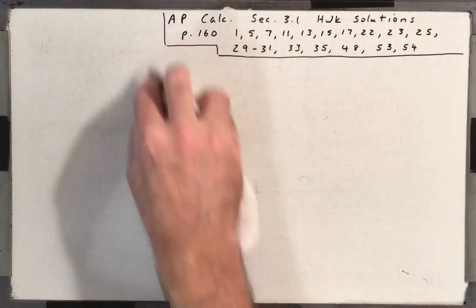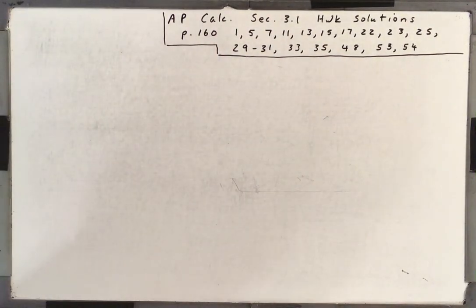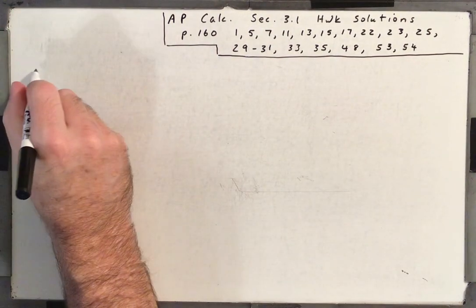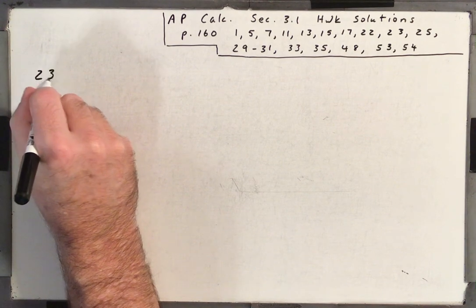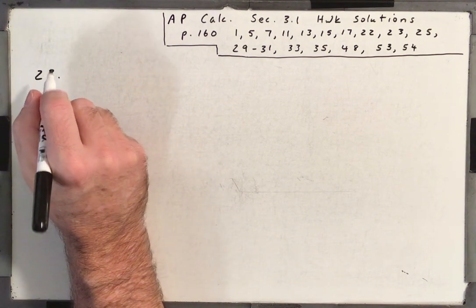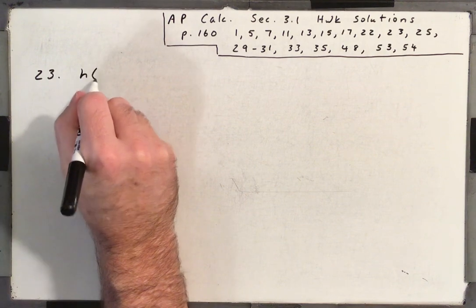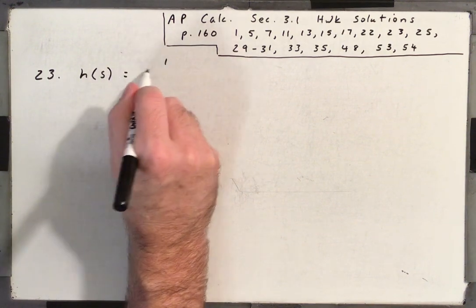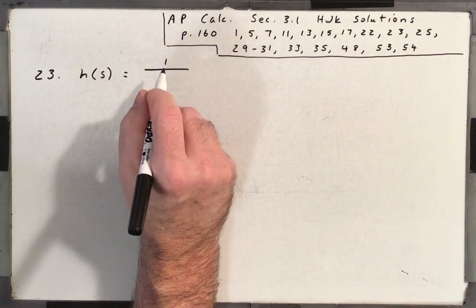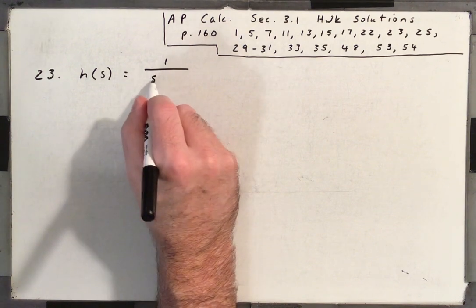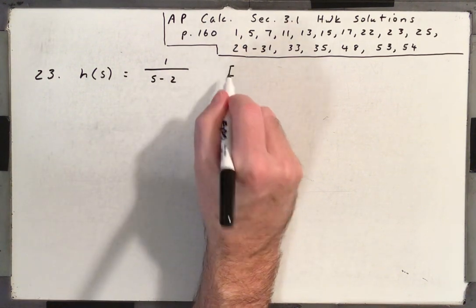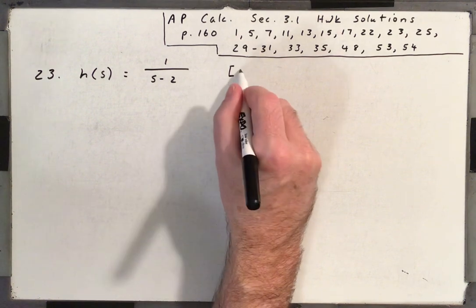All right, 23. So I said this homework was short. That was a lie. It's just not that hard. Okay, 23. We have h of s is equal to 1 over s minus 2. And our closed interval is 0 to 1.